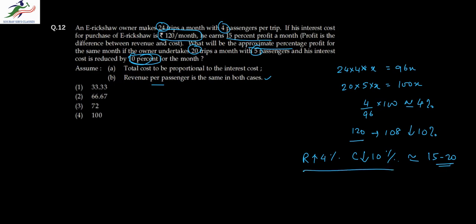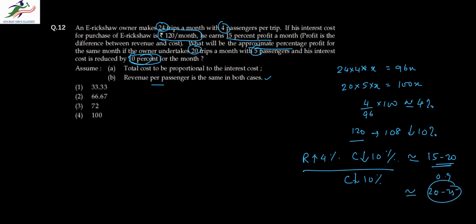But since the cost in the denominator is also reducing by 10%, 15 divided by 0.9 will be roughly somewhere around 20 to 25%.